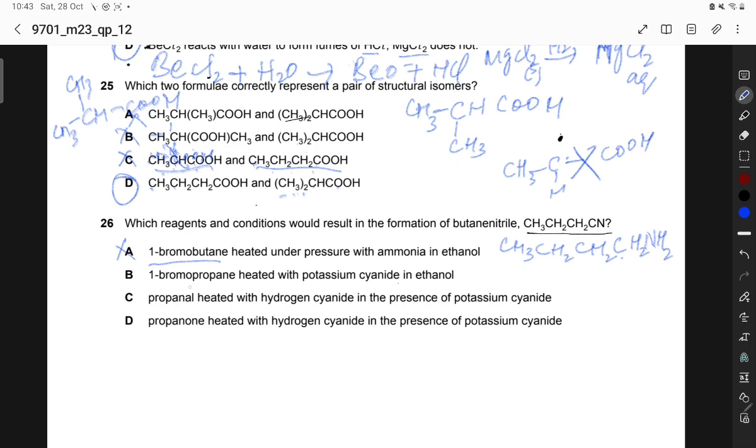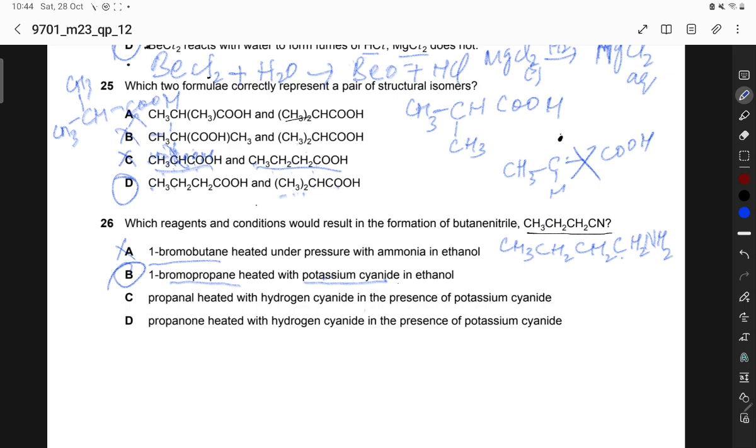1-bromopropane heated with potassium cyanide. This should be correct because this is propane, and 1, 2, 3, 4, the carbon chain is increased to four carbons, so this must be correct. Propanol heated with hydrogen cyanide in the presence of potassium cyanide.